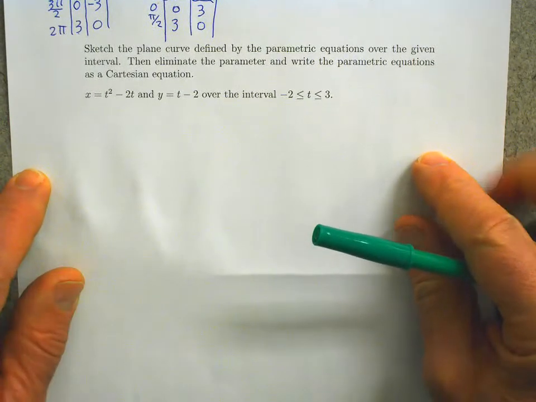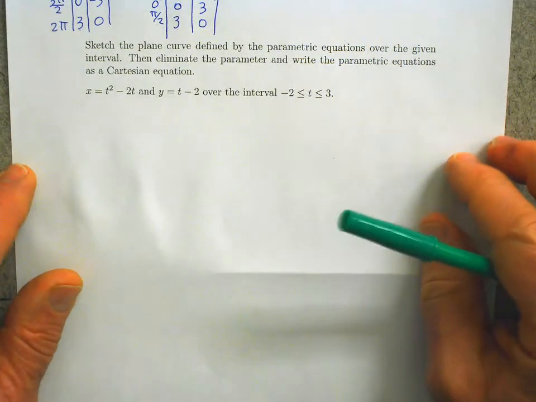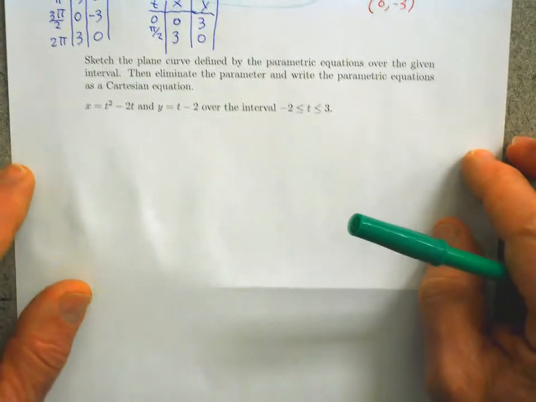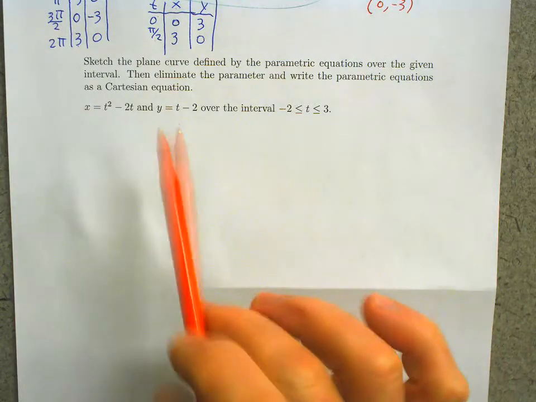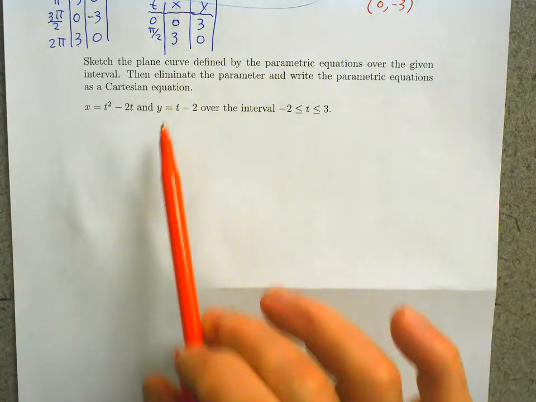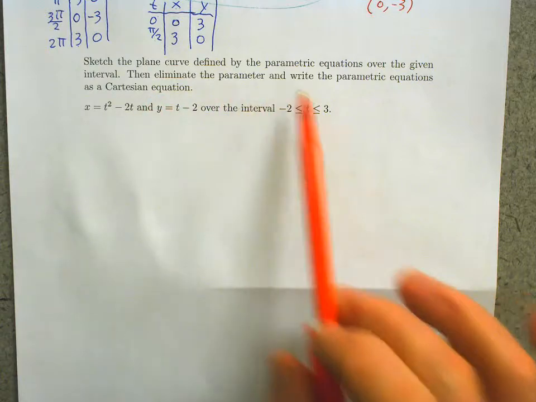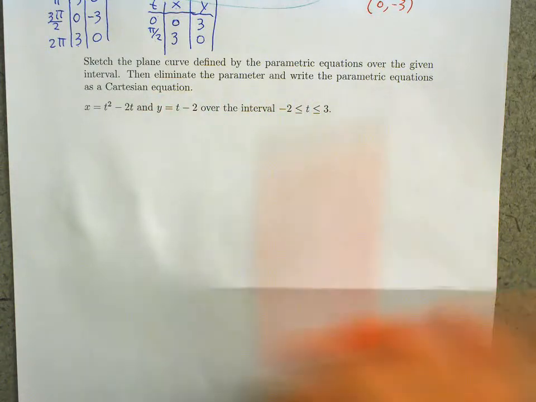Okay, let's look at the next example. The first part of this next example is similar to what we've been doing, but in addition to that, we're going to eliminate the parameter and write the parametric equations as a Cartesian equation.